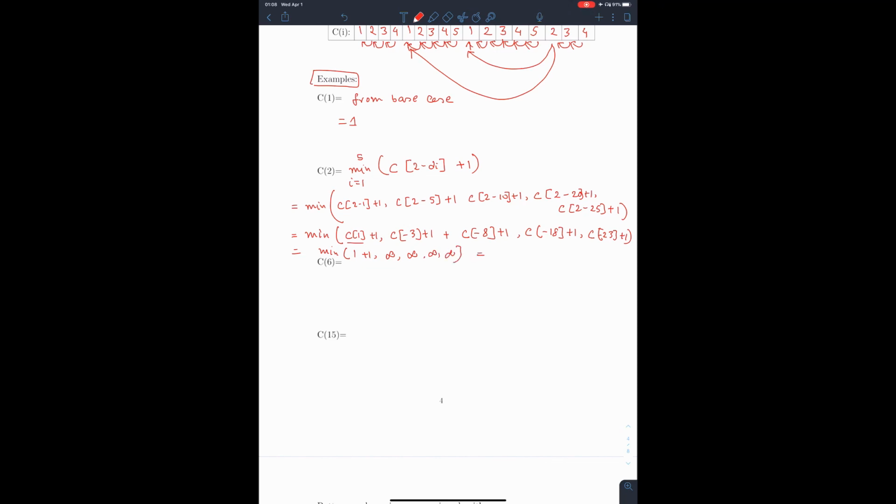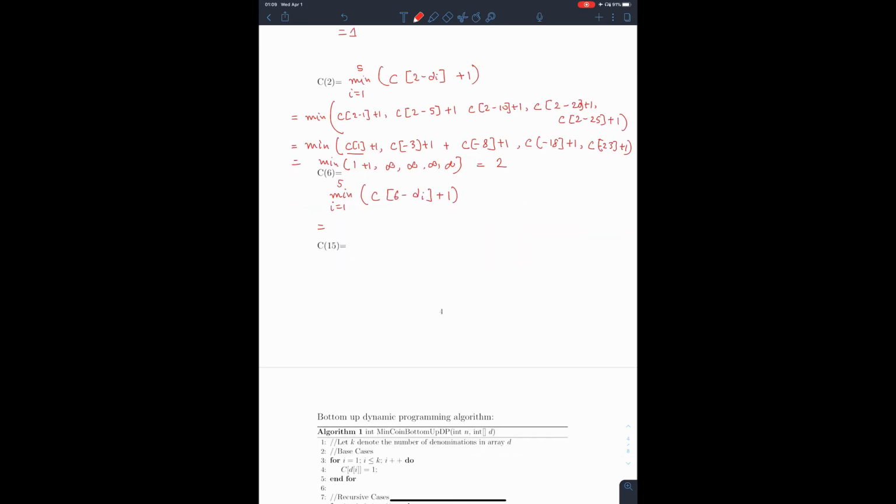So the minimum should be 2. Similarly, in this case, I will not write down the cases where I will get infinite. I will write down only the case where I will get some result.